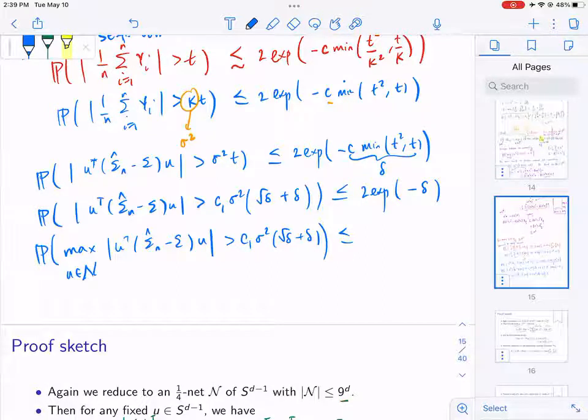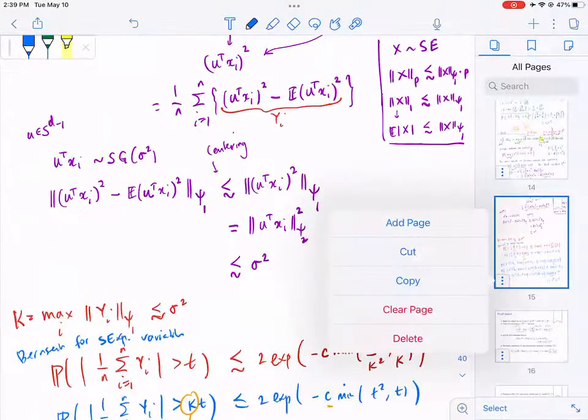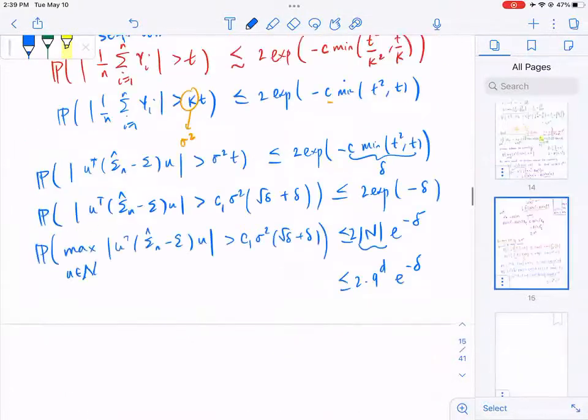How do we do the union bound here? The cardinality of the net times, there's a 2 here, e to the negative delta, right? And then this would be 2 times 9 to the d, e to the negative delta. Good. So we're almost done.